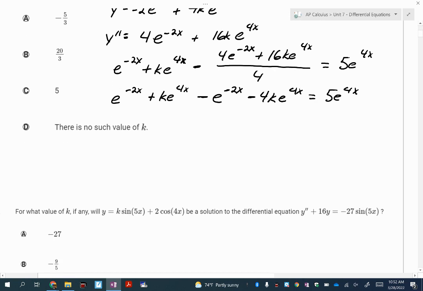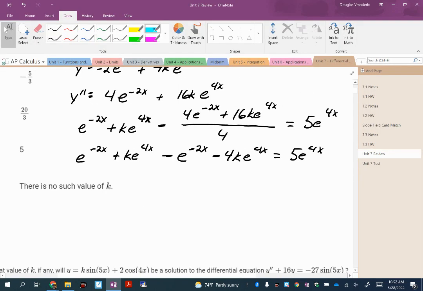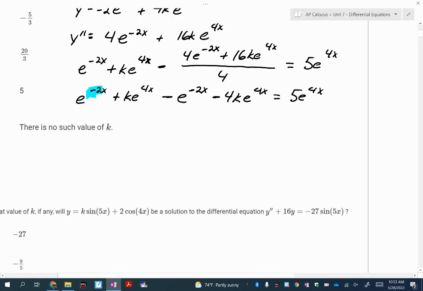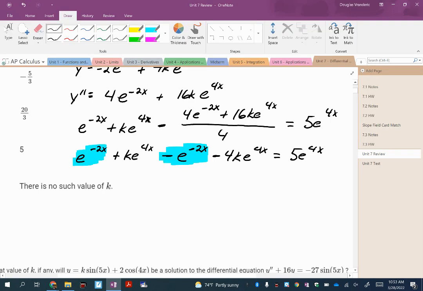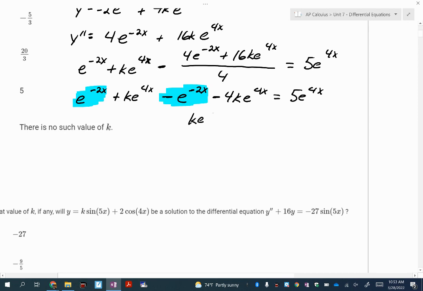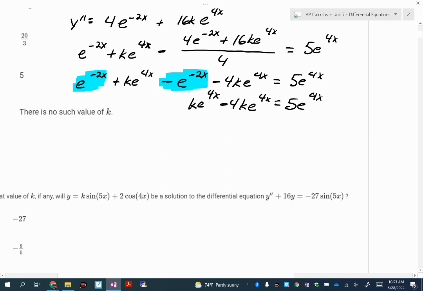Now you'll notice that 2 of my 4 terms are going to make 0, this e and this one. So now I have k e to the 4x power minus 4 times k times e to the 4x power equals 5 times e to the 4x power. Those are like terms there.